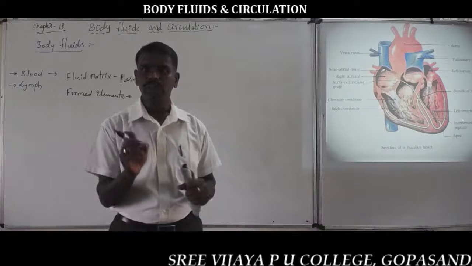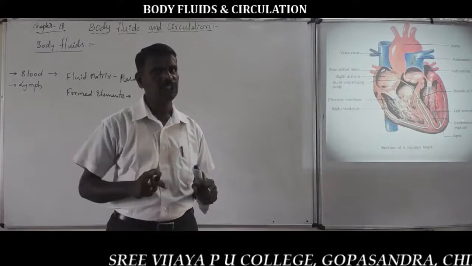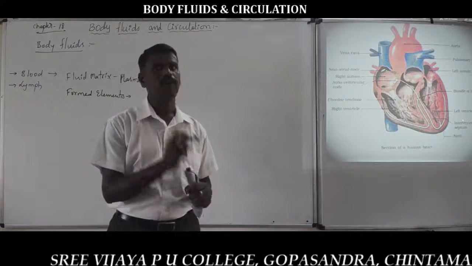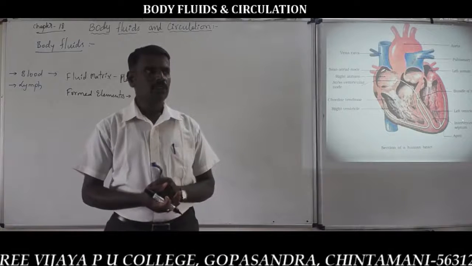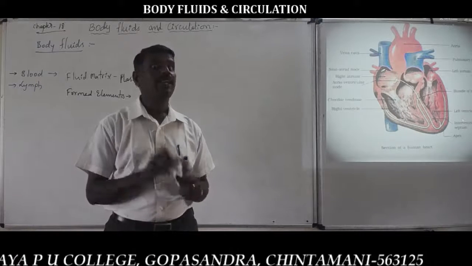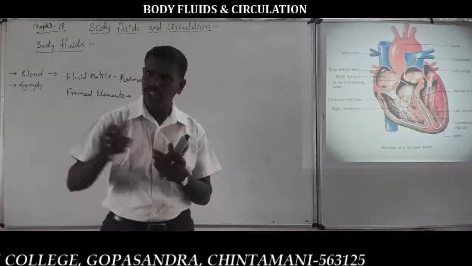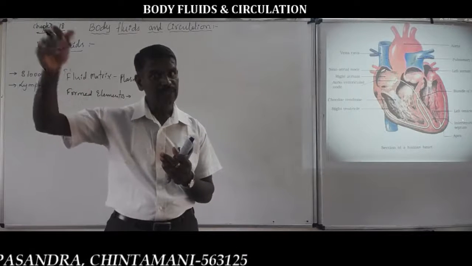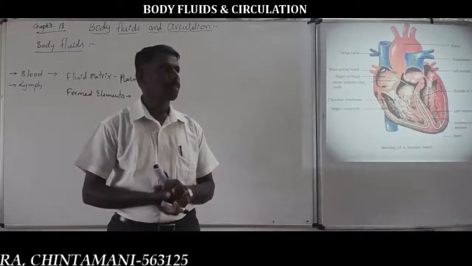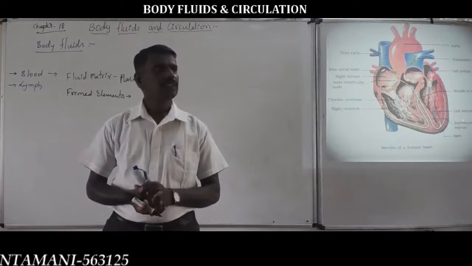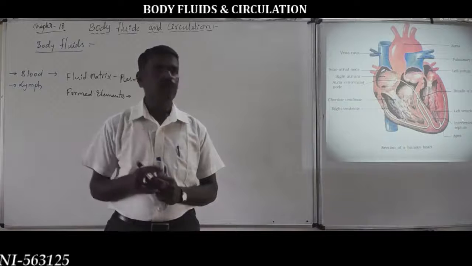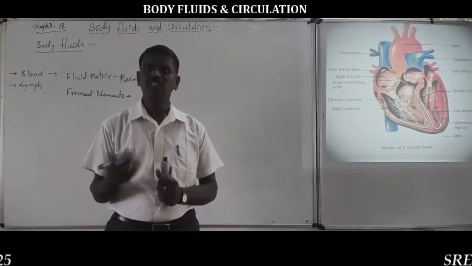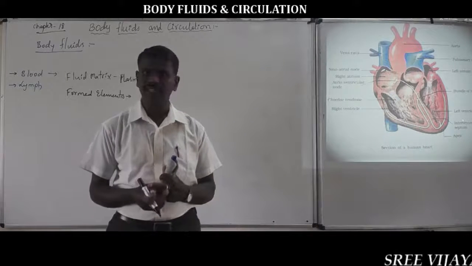Those food molecules are digested in the digestive system of the organism, and the digested food molecules reach cells located in different locations of the body. In some organisms there is no specialized system for transporting.